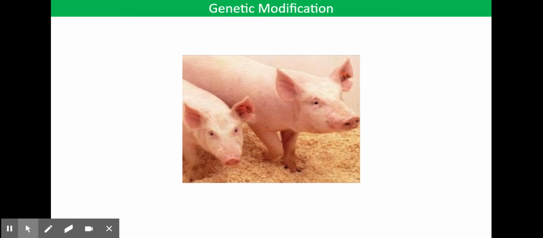Now, you need to be aware of the case of diabetes and specifically the need of diabetics for insulin and how large amounts of human insulin can be manufactured by genetic modification in bacteria and how they're then grown in fermenters. So individuals with diabetes are unable to produce enough insulin.